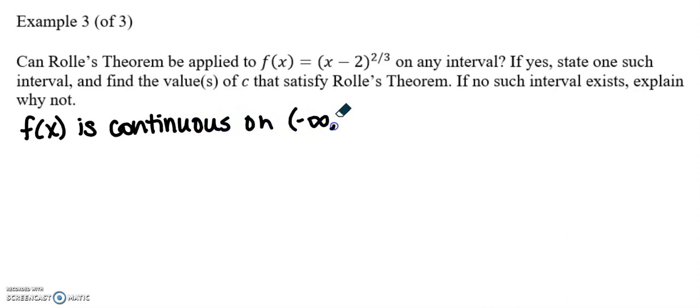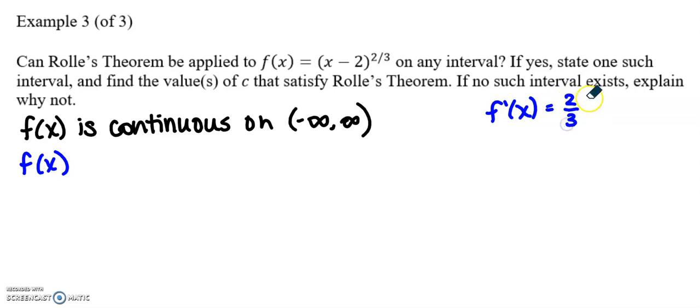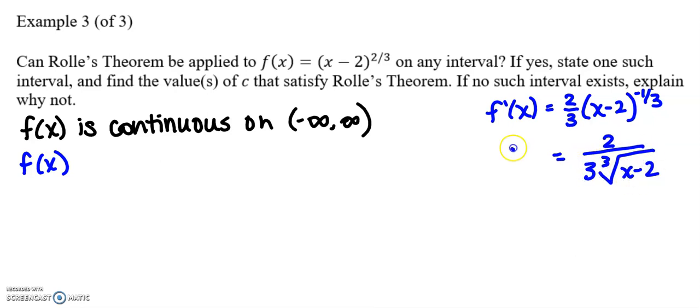from -infinity to infinity. Now, what ends up being tricky is that in order to find if f is differentiable, we have to take f prime. So f prime of x will be equal to 2/3 times (x minus 2) to the -1/3 power, which means I'm really looking at 2/3 cubed root of x minus 2.